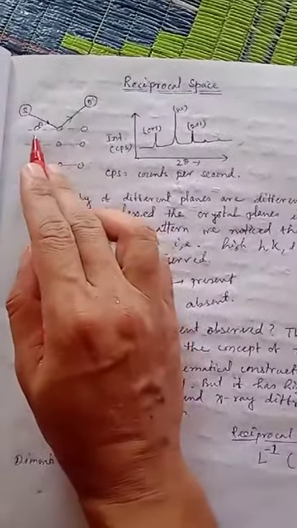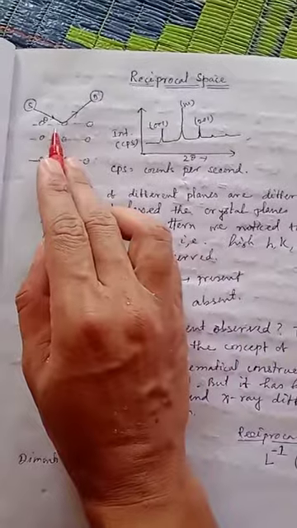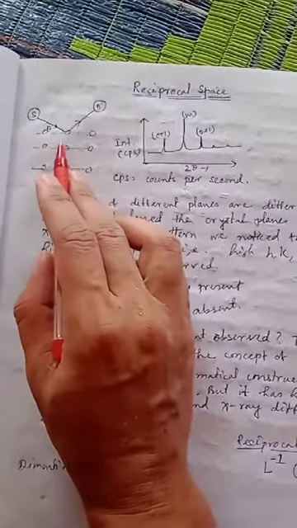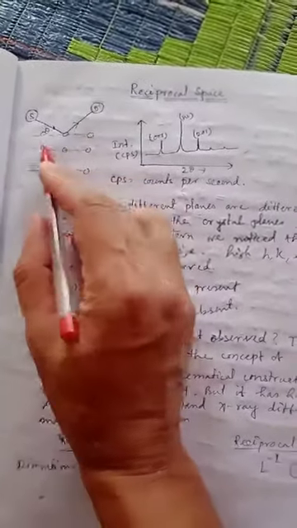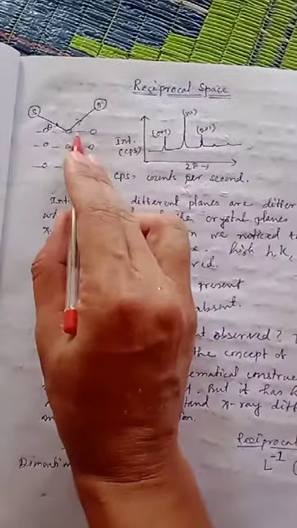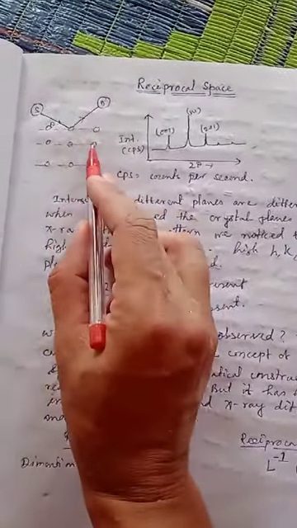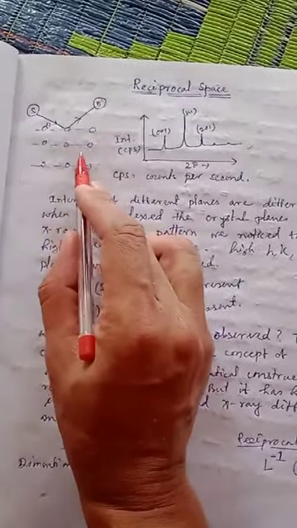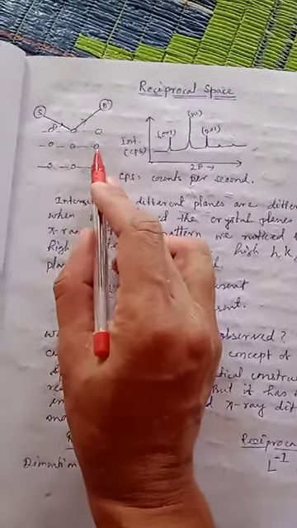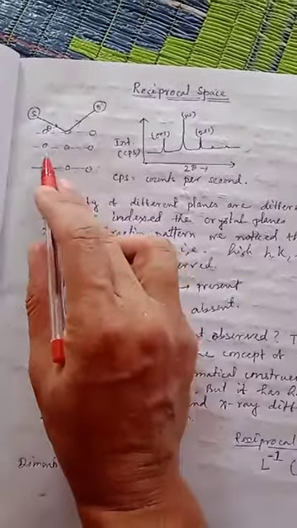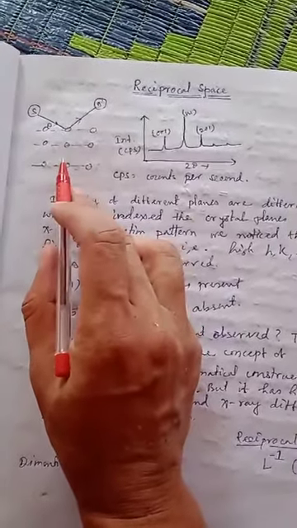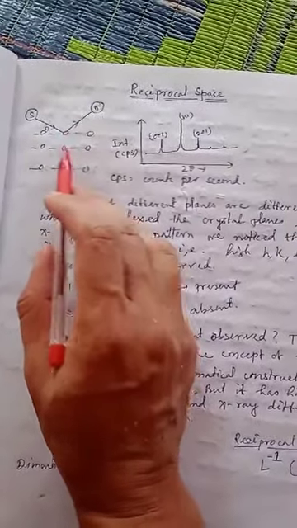So this is a schematic of X-ray diffraction where you have a crystal or solid. These are the atoms, ions, or molecules of the solid which constitute the lattice of the crystal.